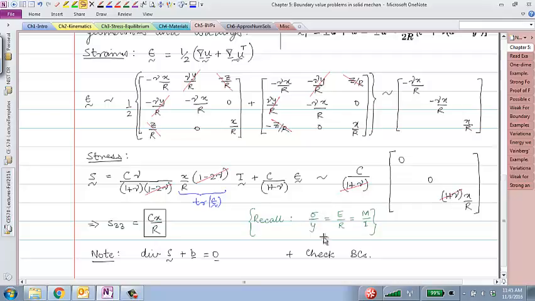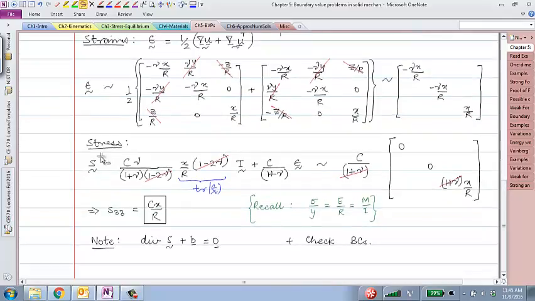If you remember this set of equations from your beam mechanics, sigma is equal to E y over R. In that equation, we used to have y-axis above and below the neutral axis. In this case, we have the x-axis above and below the neutral axis. So you should be able to see that this equation is just a change of variables of your familiar equation for mechanics of beams.